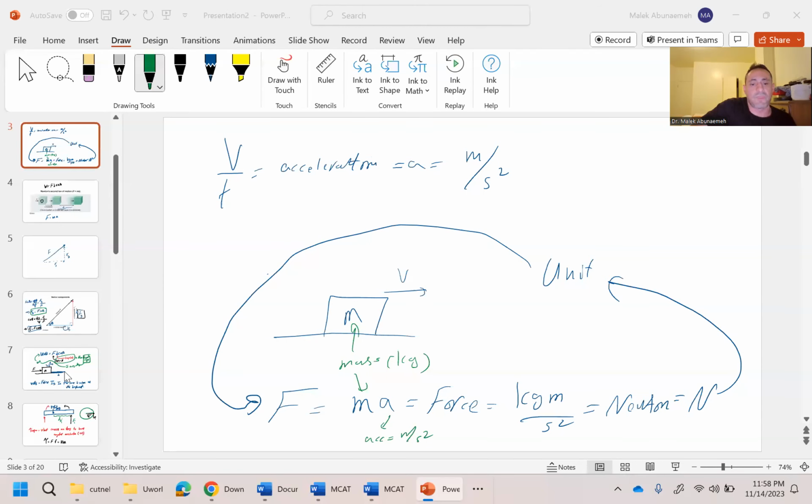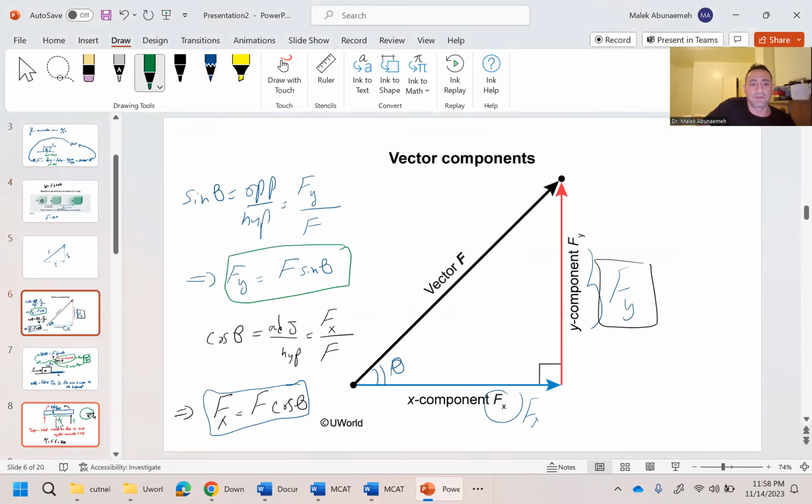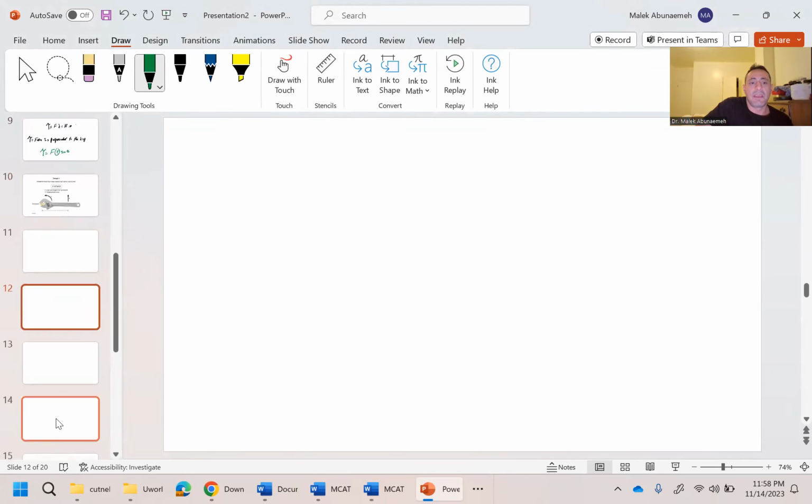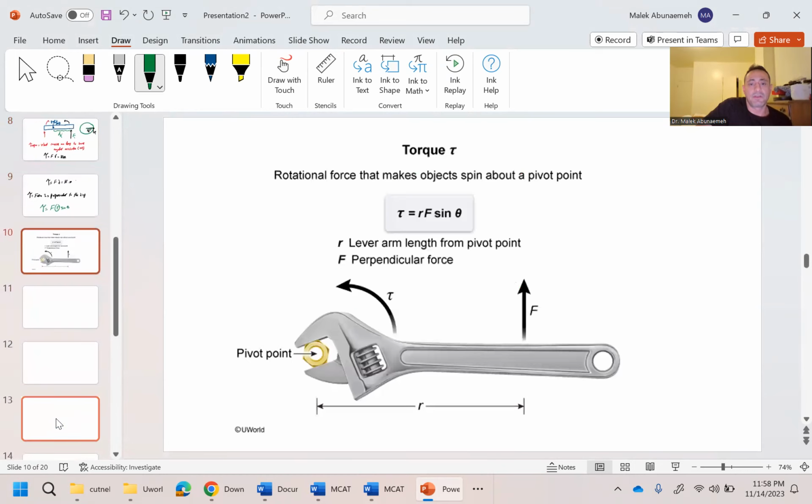And that's what we just defined. We defined the torque. Here it is. The torque is the rotational force that makes the object spin about its pivot point.